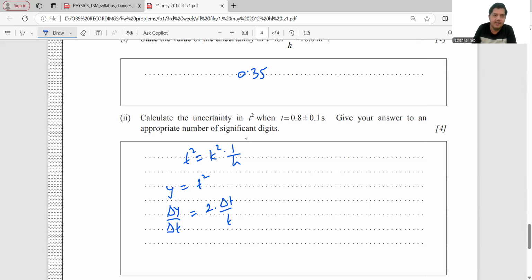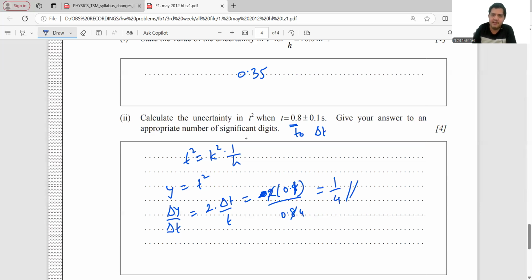What is he asking? He is asking you to find out the uncertainty in t square over here. Now delta t you already know, it is 0.1, and this t0 is nothing but t, which is 0.8. So I'll write 2 into 0.1 divided by 0.8. So thus delta y by y is equal to 2 1s are 2, 2 by 8, which should be equal to 1 by 4.